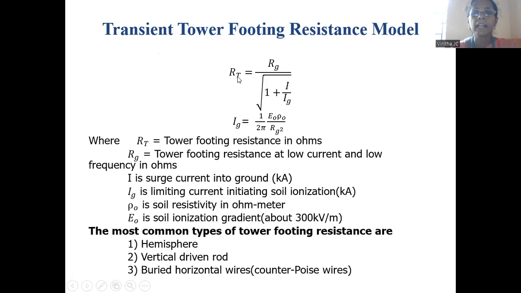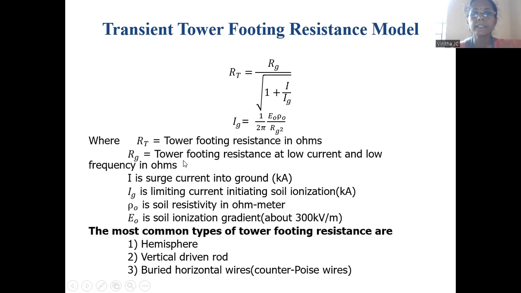And here the formula to calculate tower footing resistance is given. RT is equal to RG divided by the square root of 1 plus I divided by IG. Here, IG is the limiting current initiating soil ionization, and the formula to calculate IG is 1 by 2 pi, E naught into rho, divided by RG square.